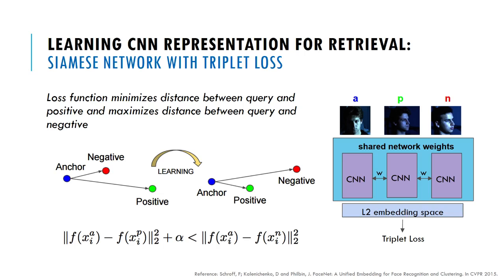At the bottom of this chart, we have a very similar looking loss function. Again, we're going to use the distance plus some margin, and we're going to make sure that the negatives are at least some margin away.